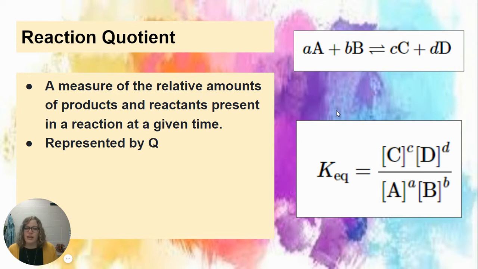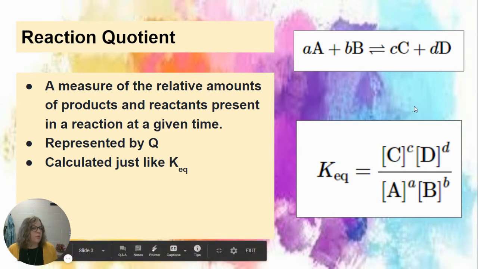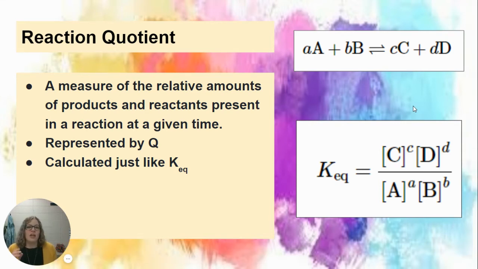And the calculation for the reaction quotient is literally identical to the equilibrium constant calculation that we did previously. We're going to use this same equilibrium expression, products over reactants. The only difference is the numbers that we're putting in there. We don't know if they're at equilibrium, so that's why it's considered a quotient instead of just calculating our equilibrium constant.